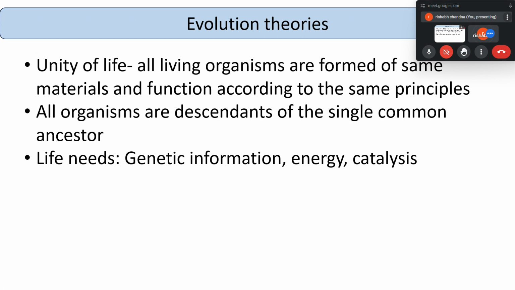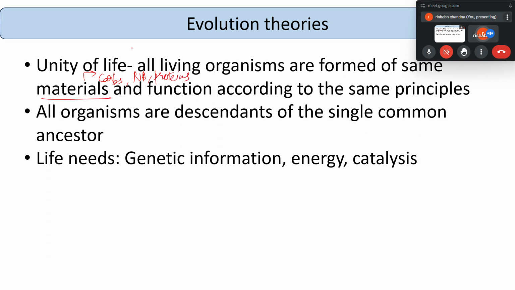Now, what does the evolutionary theory say? Unity of life: all living organisms are formed of the same material and function according to the same principles. They are formed from the same biomolecules like carbohydrates, nucleic acids, and proteins.